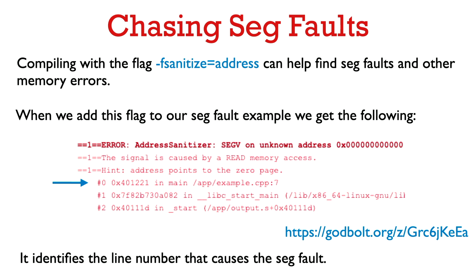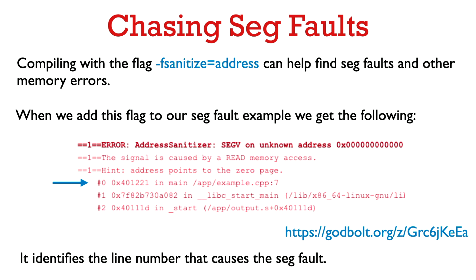Whenever I'm writing code involving pointers, I add another flag to my compilation, and that's -fsanitize=address. This enables a tool called AddressSanitizer, which can be really helpful for tracking down memory errors. In the example from a couple slides ago where we had the seg fault, if we add this flag to our compilation, then we get the error message that you see here.